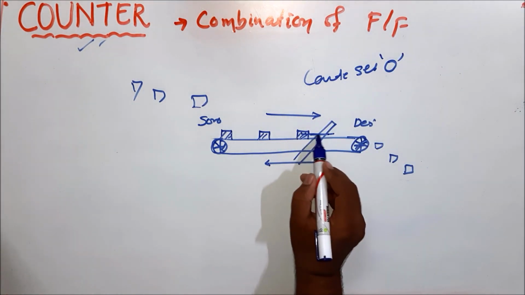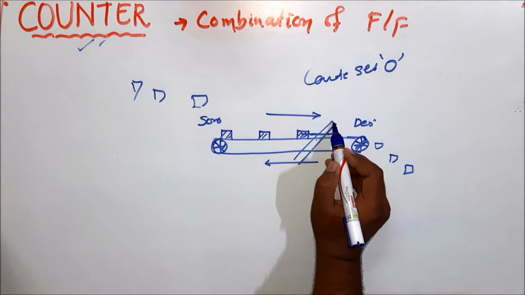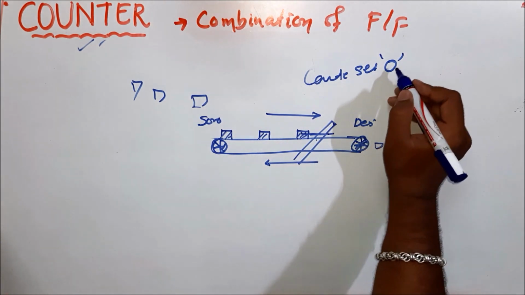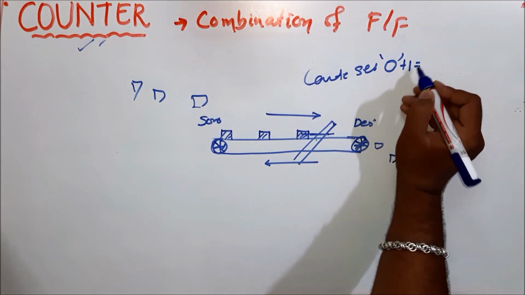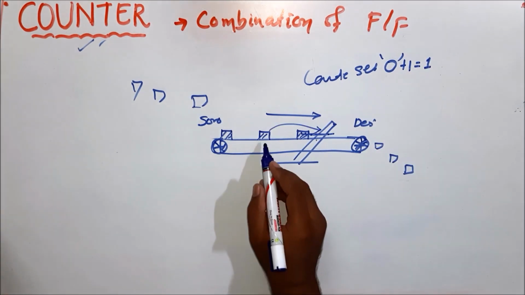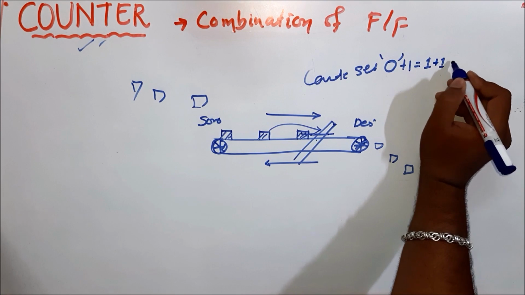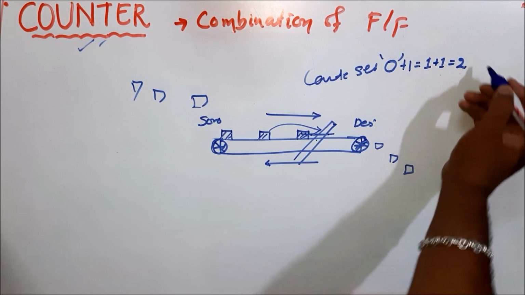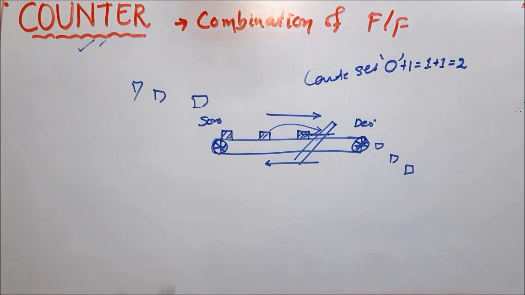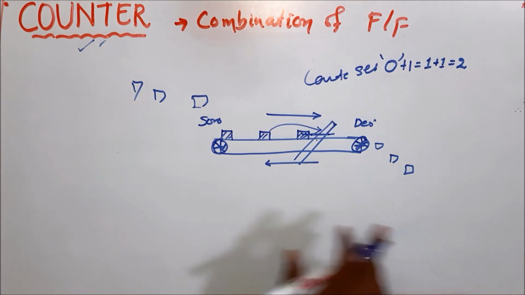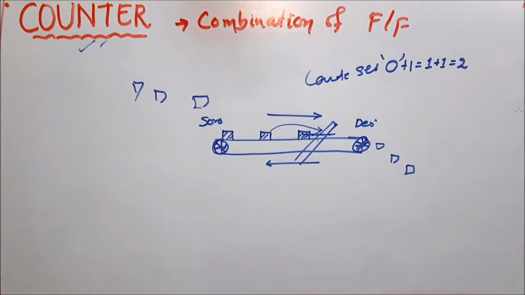Whenever one good passes this line, the counter detects it and increases the value by 1, so the counter value becomes 1. When the second good passes, it again increases by 1, so the total count is 2. Likewise, the counter can count the number of happenings or the number of items passing through the conveyor belt.